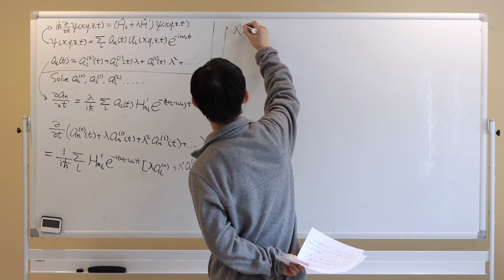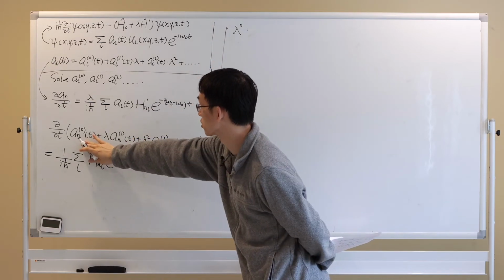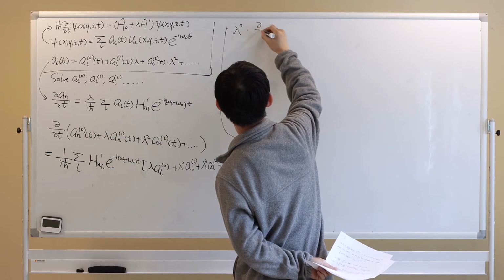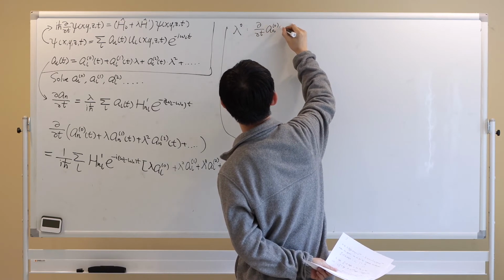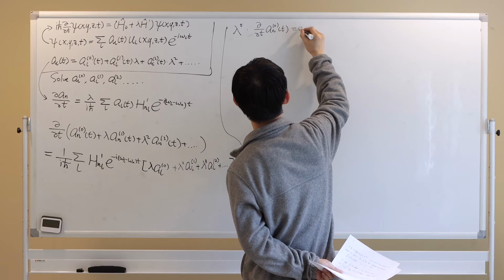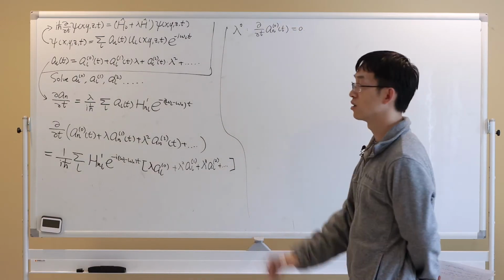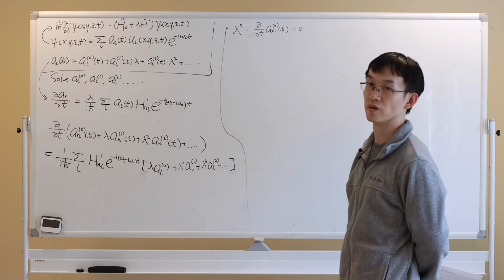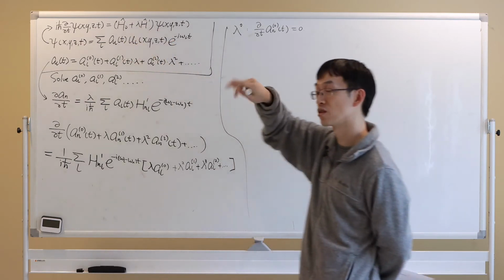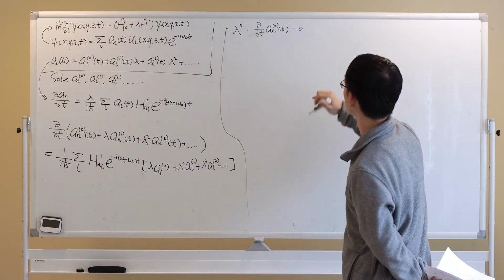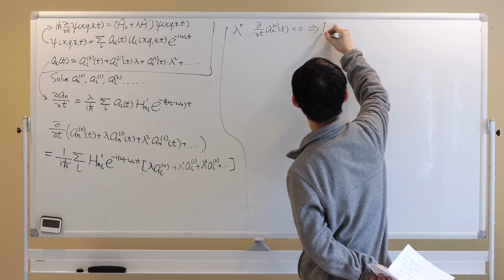So first is lambda zero order, so it's order 1. Then there's only one term, that is partial t of A_n zero order, which goes to 0. So zero order, nothing changed. That's our assumption because this is just a perturbed term, so the zero order should not change.